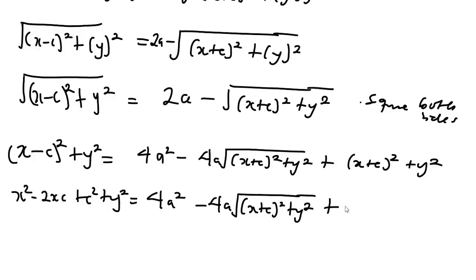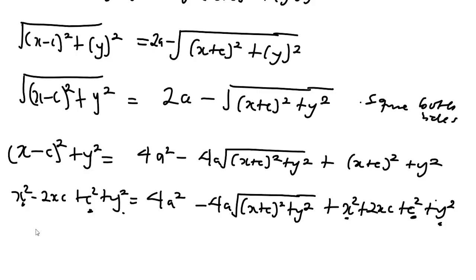Then we can expand this. We have x squared plus 2xc plus c squared plus y squared. Now looking at this, this will go with this, and this will go with this, and this will go with this.